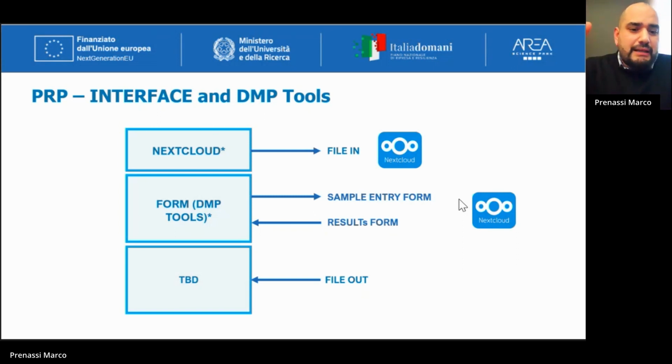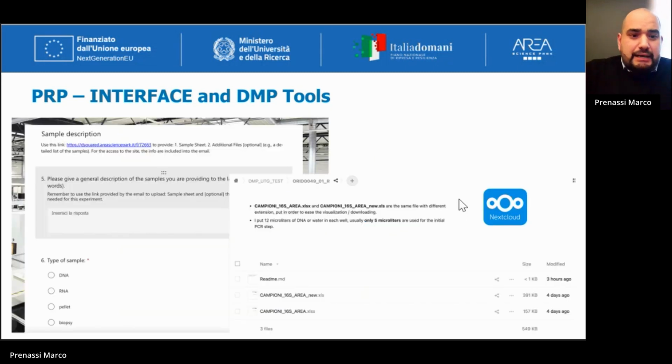And it also has a simple file repository that is not the full repository. It stores only metadata files like data sheets, sample sheets, metadata that you cannot put in the DMP tool, so you cannot link to the file. It's a simple interface.